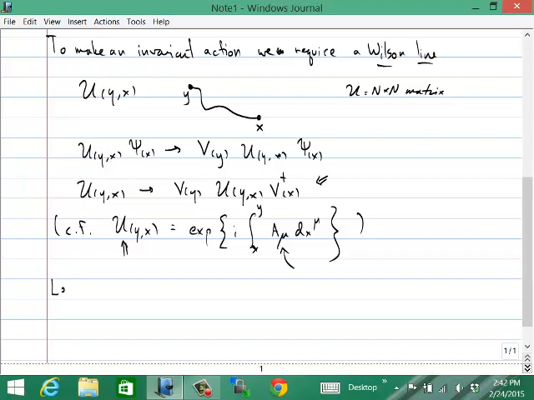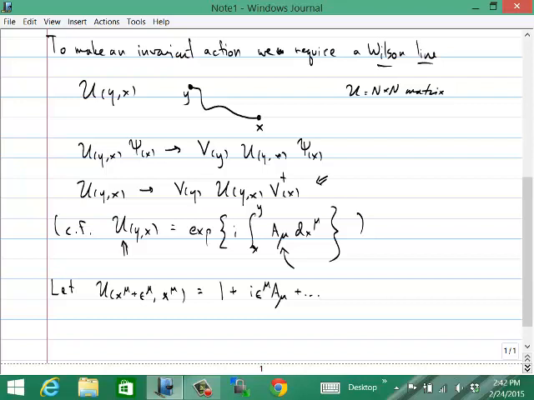So in particular, let's just consider U between 2 points, x^μ and x^μ plus ε^μ, where ε is a very small vector. And let's imagine expanding this as 1 plus i ε^μ A_μ plus dot dot dot.